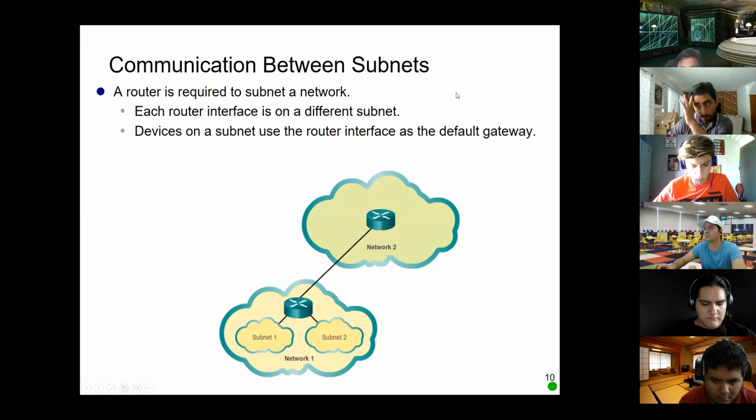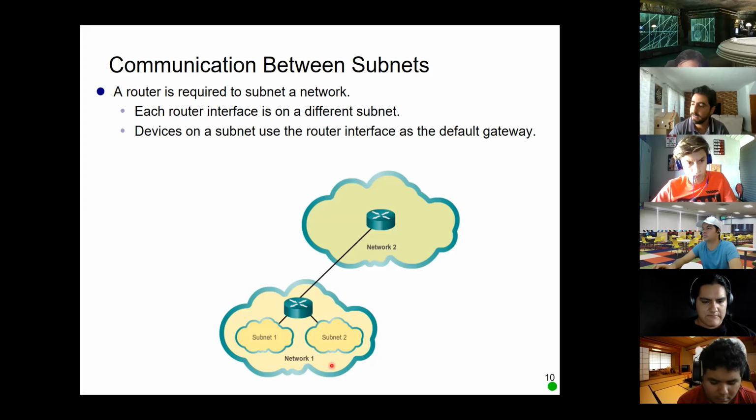So for having a subnet, basically a router is required to subnet a network. For example, you have a network one here, which has two different subnets inside it, and another network two here.